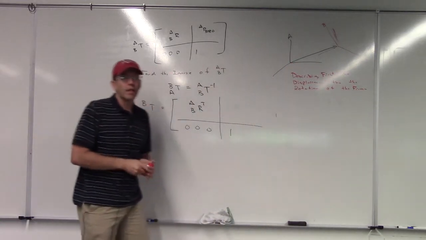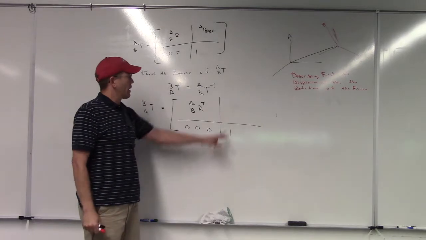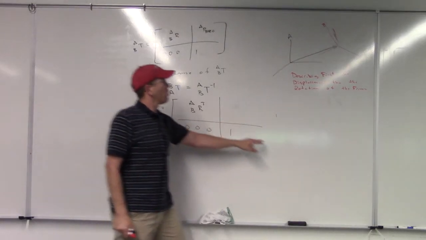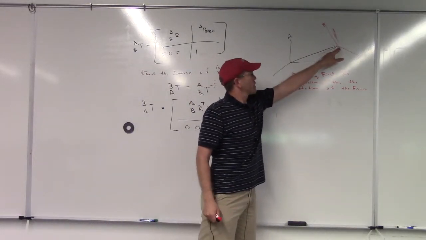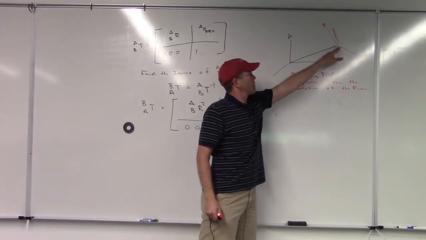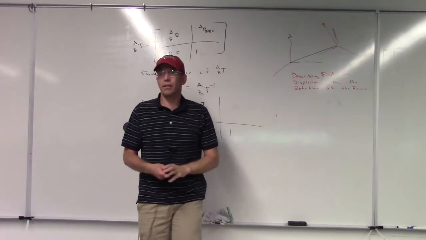Okay? So how are we going to undo that? How are we going to describe the position vector, or displacement vector, from frame B back to frame A?